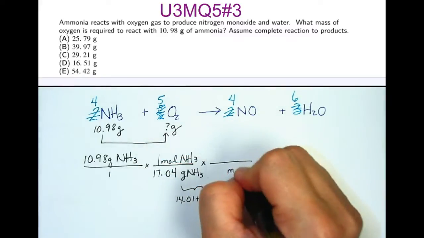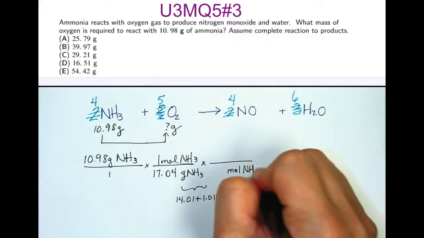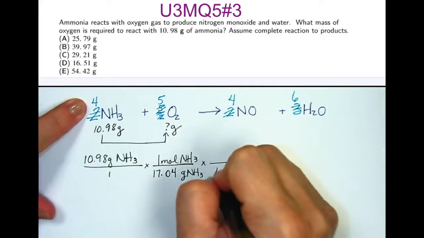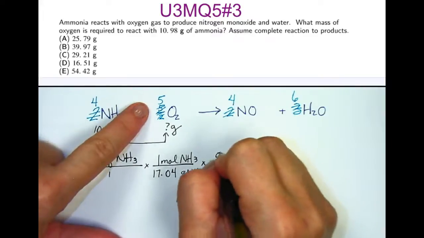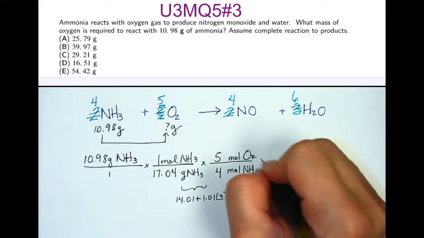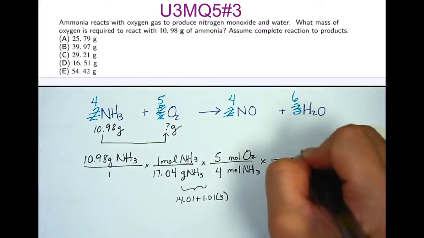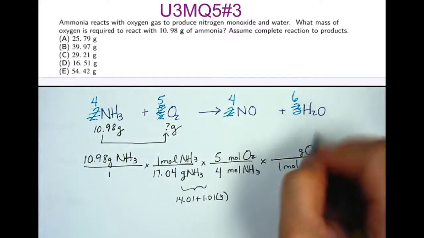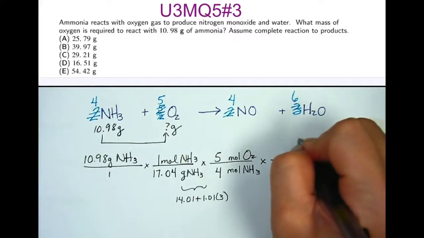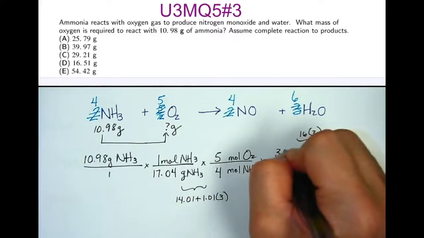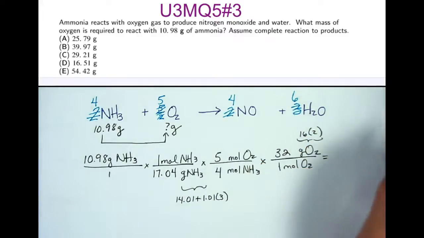Now we can do our mole-to-mole ratio from ammonia to moles of oxygen. There are 4 moles of ammonia to 5 moles of oxygen. And finally, we'll bring down 1 mole of oxygen because they want to know the mass of oxygen, which is grams, and we'll go to the periodic table and we'll type in 16 times 2, which gives us 32 grams of oxygen.